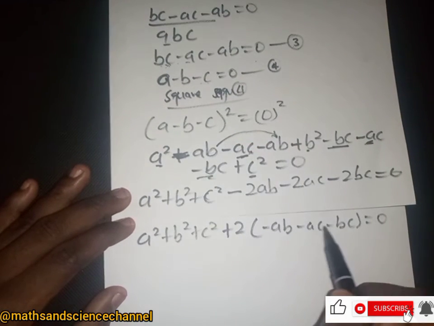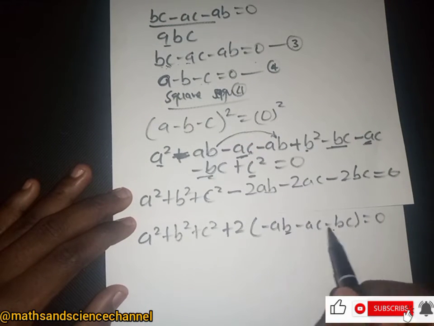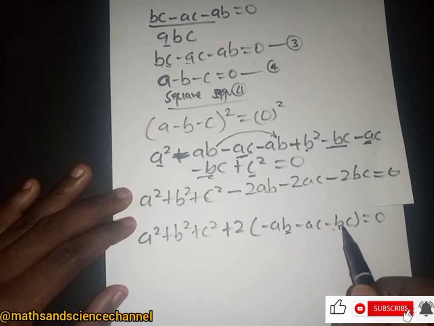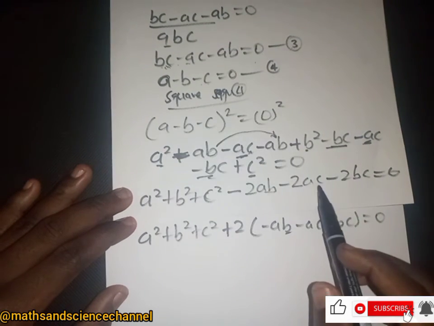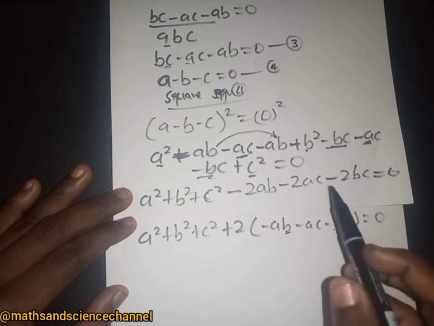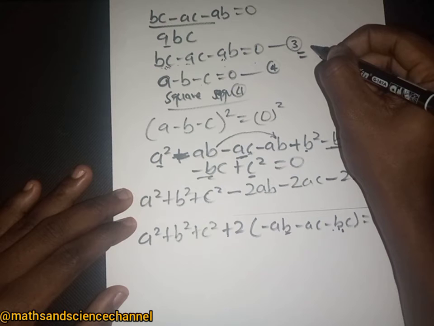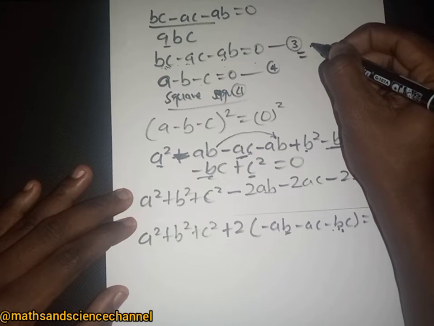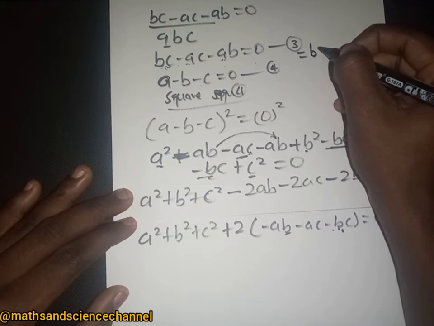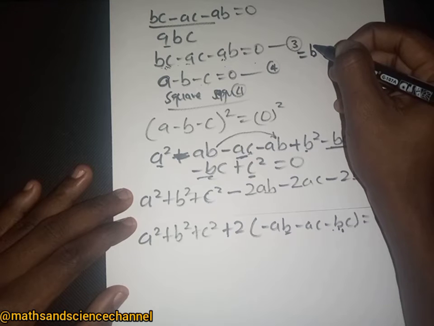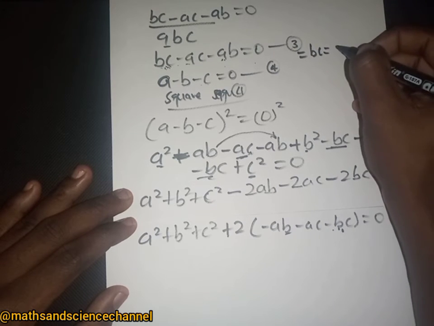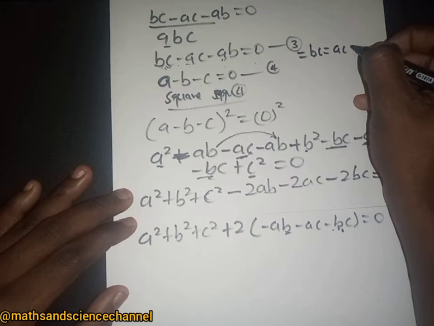So we realize that it is equivalent to this, but just that bc is positive and bc is negative. So from this equation we can just make bc the subject, so we can have bc as ac plus ab.